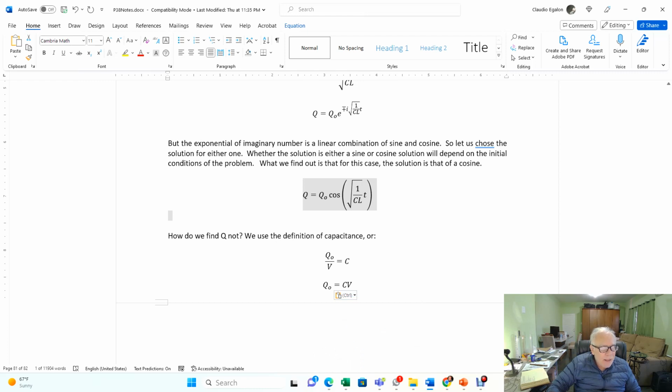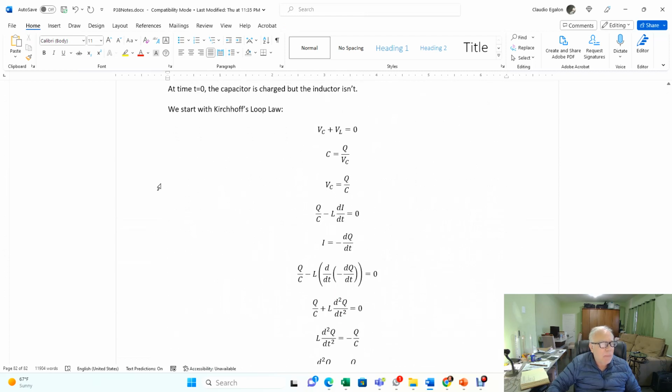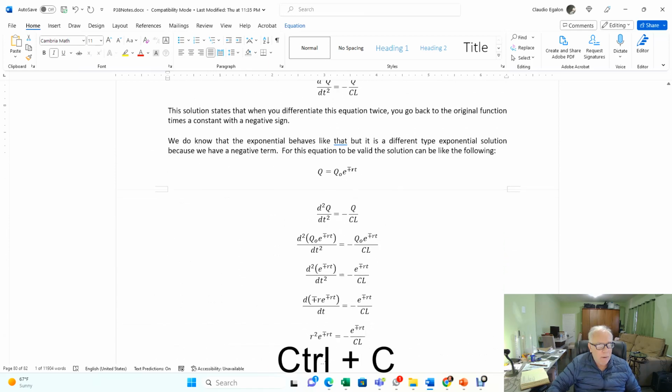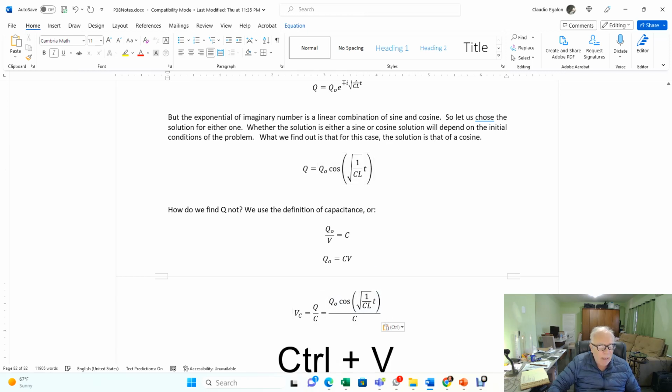And also remember, right, the V sub C, V is going to be the initial voltage of the capacitor. Right? And remember that V sub C is Q divided by C, and if you want to know how the voltage across the capacitor changes as time goes by, you get something like that.